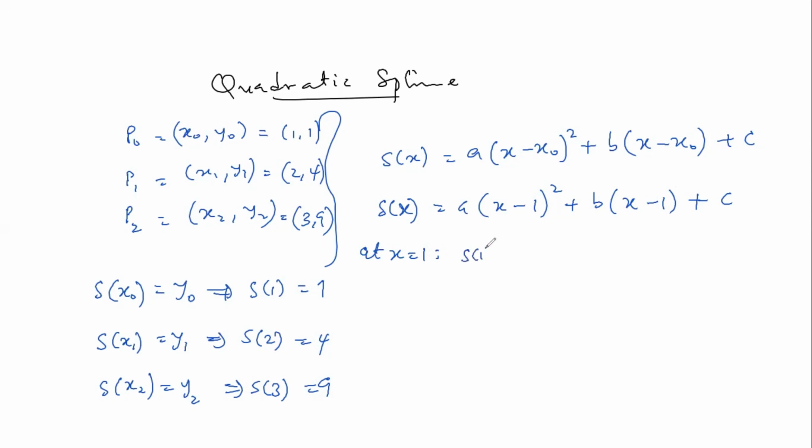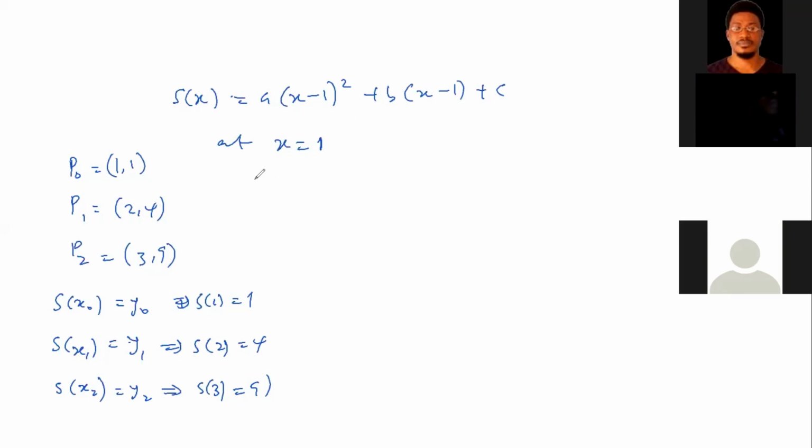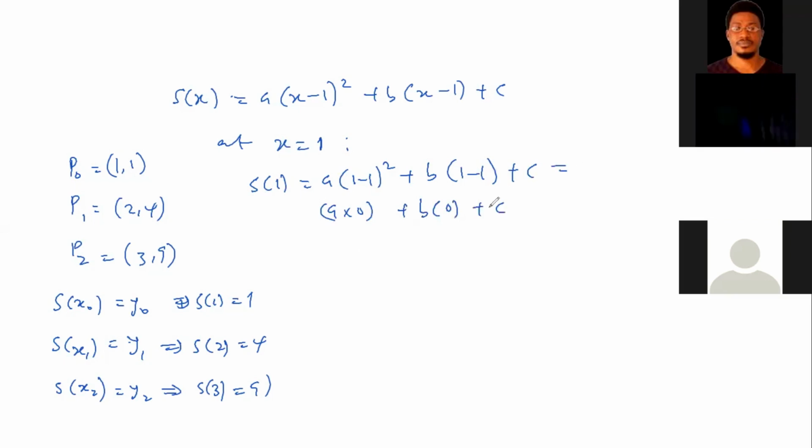S of 1, which is the same as 1, will be A into bracket 1 minus 1 squared plus B into bracket 1 minus 1 plus C. So this gives us A times 0 plus B times 0 plus C. And we know that S of 1 is equal to 1, so C is the same as 1.